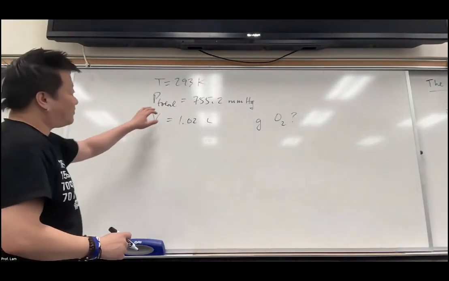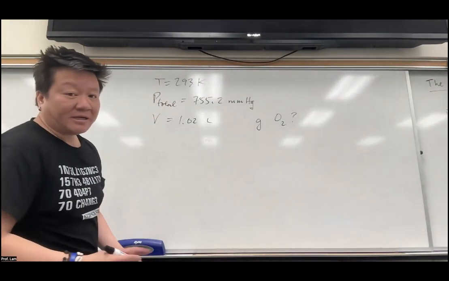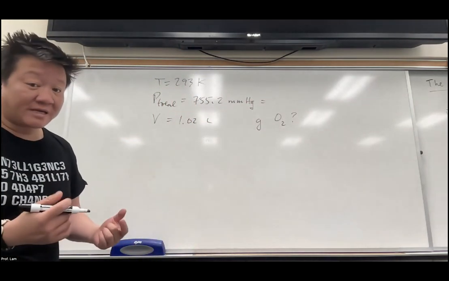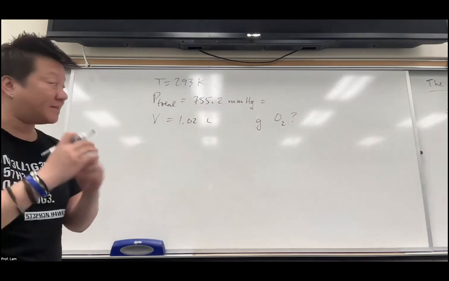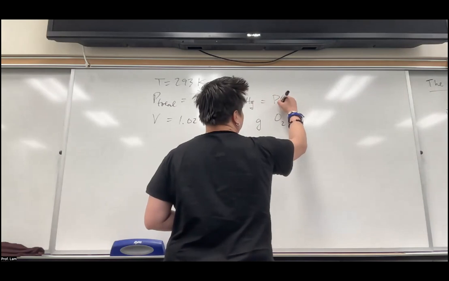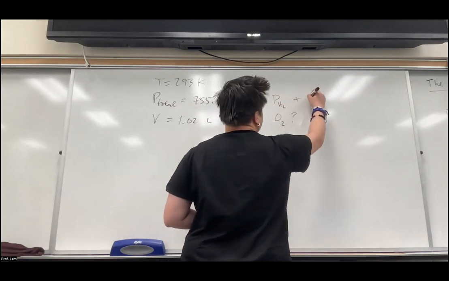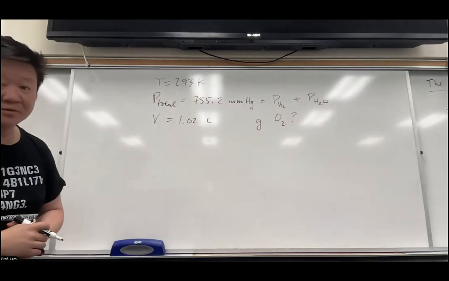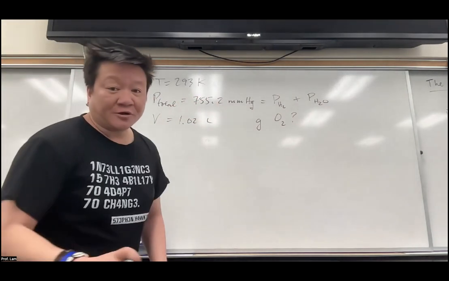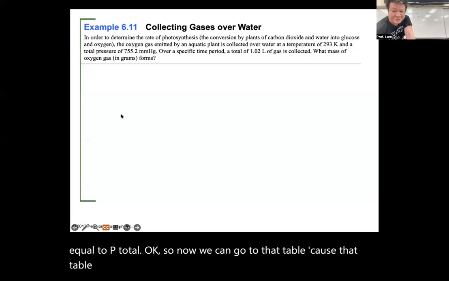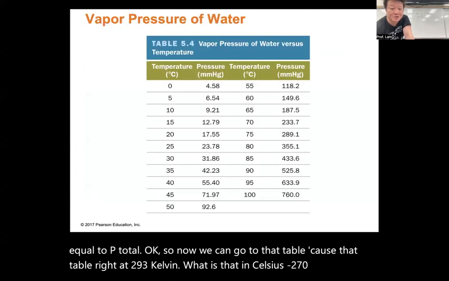So P total doesn't just contain the gas, but also water vapor trapped in that bubble. So the partial pressure of the gas plus the partial pressure of water is equal to P total. Now we can go to that table. At 293 Kelvin, what is that in Celsius? Minus 273, that's 20 degrees Celsius.